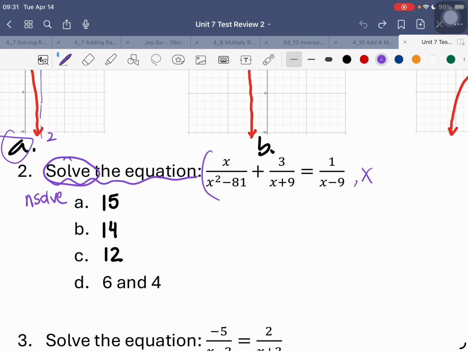And for my pre-AP classes, I want you guys to find the LCD first. The LCD, usually you need to factor the one with the highest degree, which is x squared minus 81. And they're both perfect squares, so I use difference of squares.